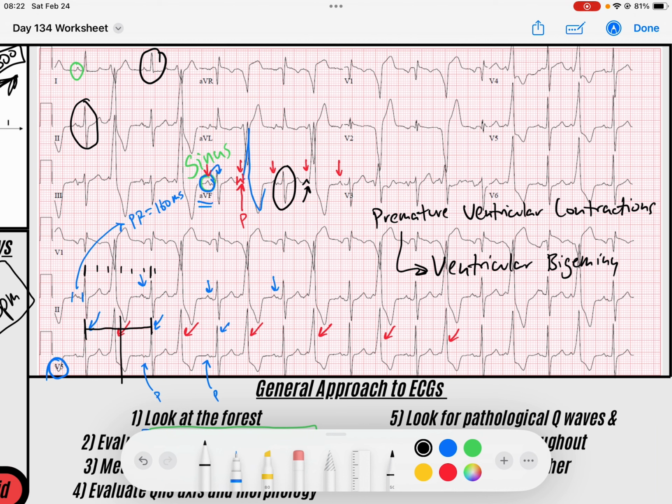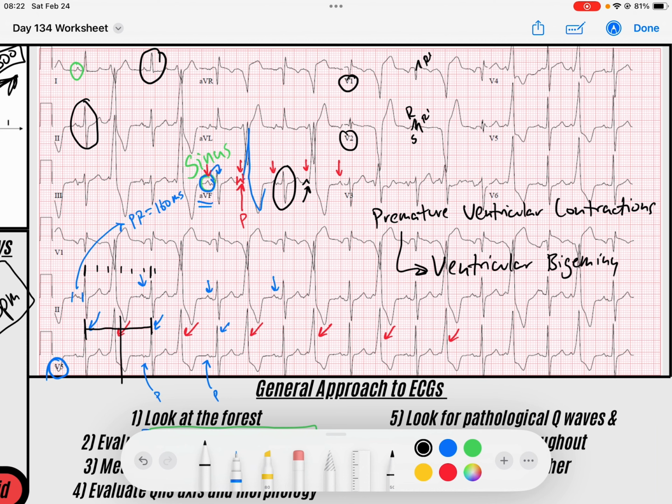What I see is that in V1 and V2, I have some late signals, right? Look at this RSR prime. We got a little R prime here in V1. That tells me that we have some late forces actually going towards the right ventricle.